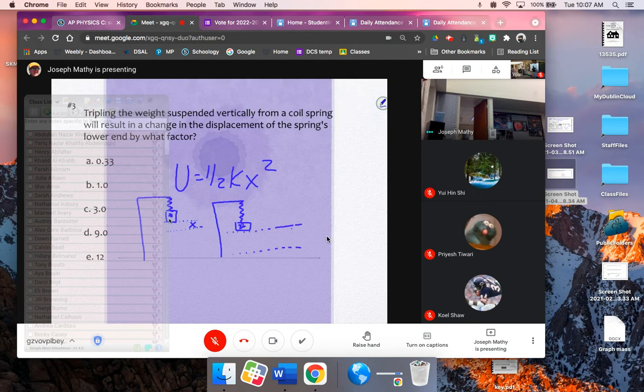Now, if this asked for the energy, absolutely correct. The energy increases by a factor of 9. But this is asking actually for displacement itself. And believe it or not, we're going to use the same equation again. So the answer is C. So Cole, in fact, had good knowledge.